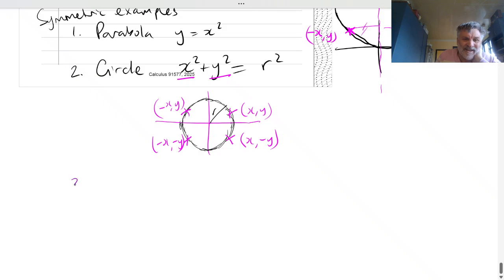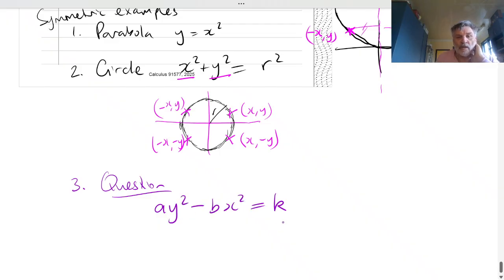And that's pretty much exactly the same as we have in our question here. The question says ay squared minus bx squared equals k. K is a constant, r squared is a constant, so they're similar.